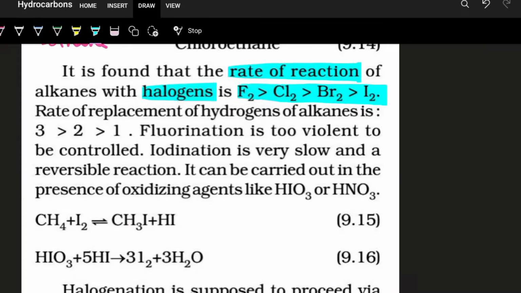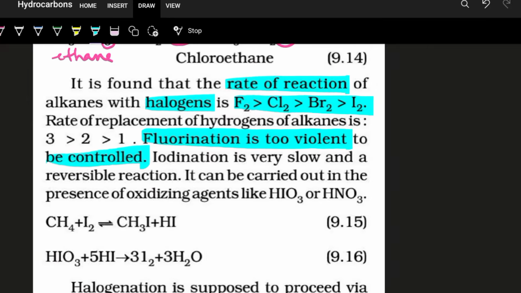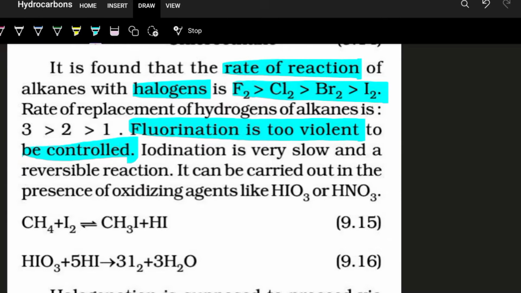Let us see why. Fluorination is very fast, too violent to be controlled. So this reaction cannot be controlled. And moreover, if I have more branching in the alkane, if it is a 3 degree, then a 3 degree has a higher rate than 2 degree, then 1 degree alkanes.